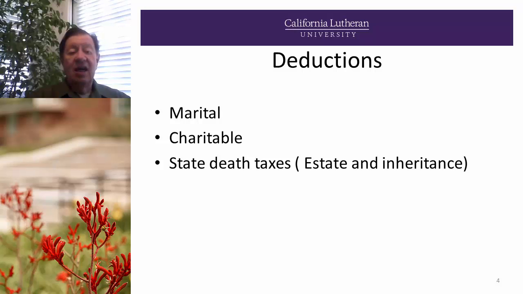Deductions, which are the straight deductions that are not going to be used for purposes of calculating the various tax savings that we'll talk about later in the course, are marital deduction, charitable, and state death taxes. Now let's go through each of them separately for a minute.